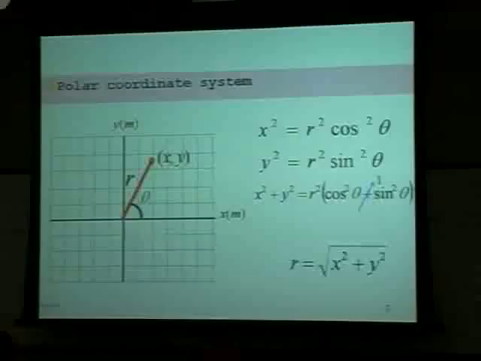So that means x squared plus y squared equals r squared, which you know to be the Pythagorean theorem. Or I could also write it like this: r equals the square root of x squared plus y squared. So again, if I knew what x was and what y was in the Cartesian coordinate system, I could find my value for r by the Pythagorean theorem: x squared plus y squared, square root, get r. And now I've converted from x and y to r and theta, and those variables would just as well describe this point.